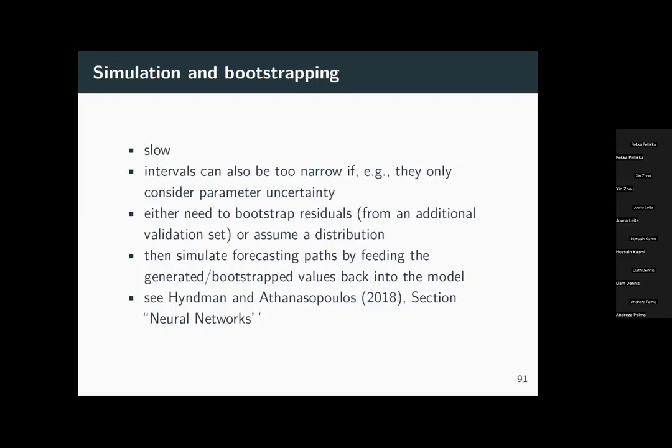They only consider the parameter uncertainty of the model, and they don't consider the data uncertainty and the modeling uncertainty. You can bootstrap the residuals, or again, assume a distribution. Then you simulate forecasting paths by feeding back these bootstrap values. And if you want to know more about this, that's also in the FPP book.